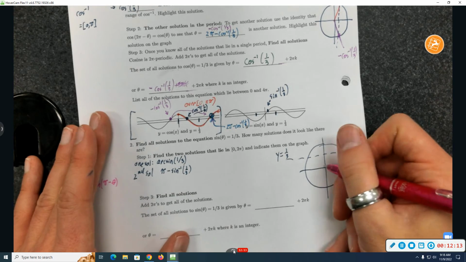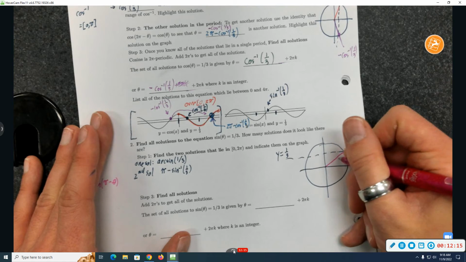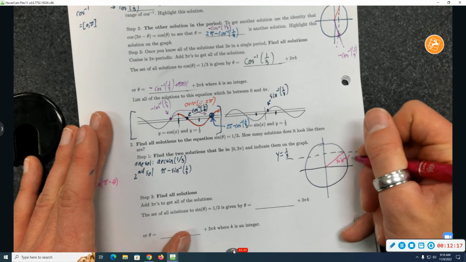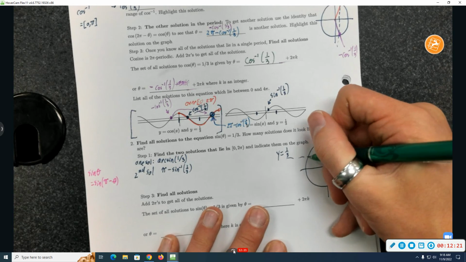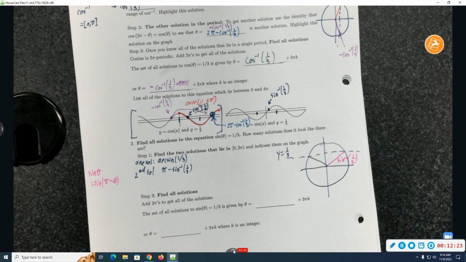So far, we had already found this one. This one is sine inverse of 1 over 3. The other one is the same angle, but reflected over the y-axis. So that would be like, instead of starting at 0 and rotating up, we'll start at pi and rotate up. So instead of theta, we'll do forward by pi, back by theta. So there's the really quick justification of the identity that you just used.